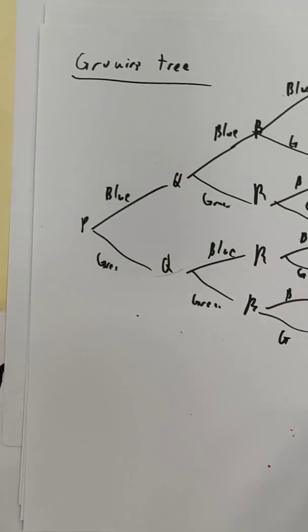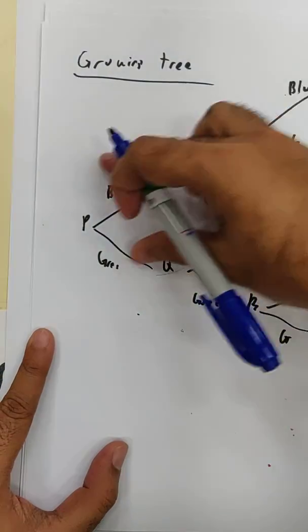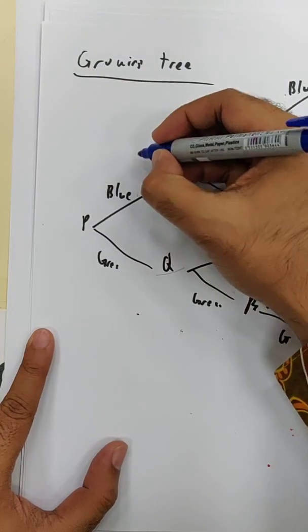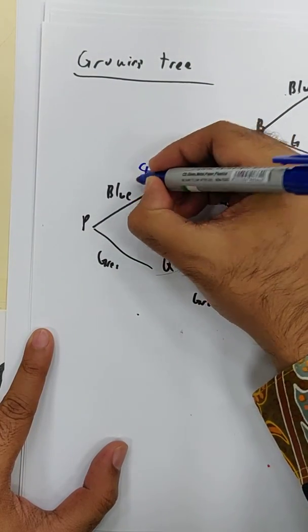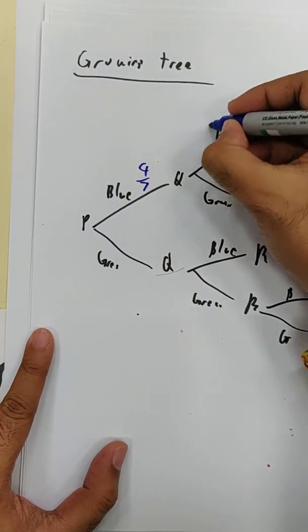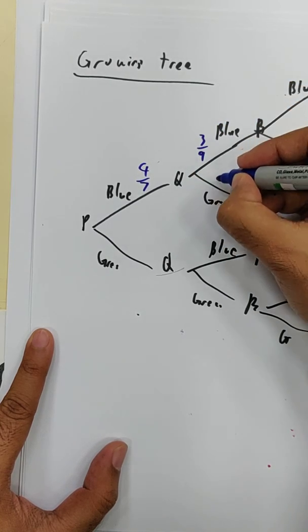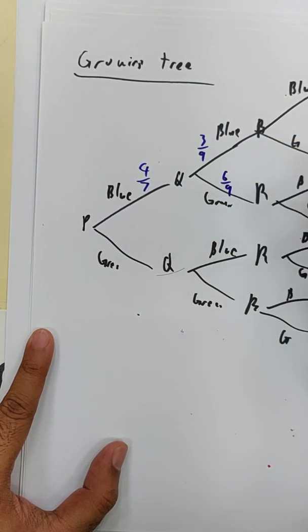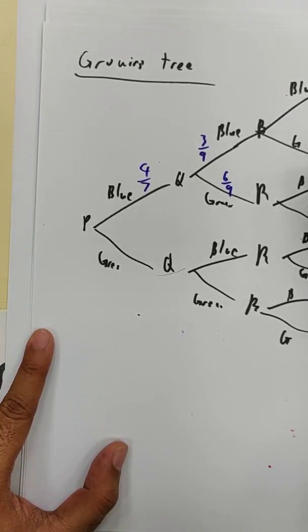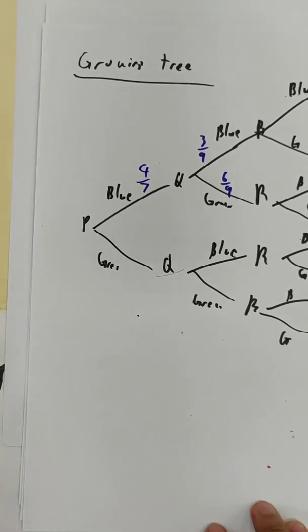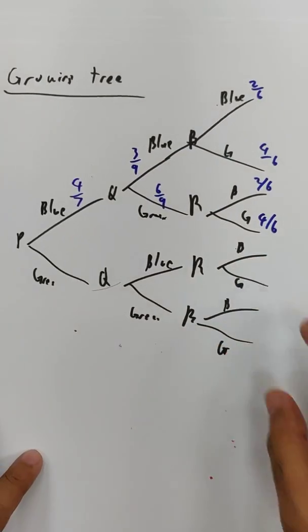Originally, let's just do the first branch. I'm not going to do all of them. Originally, over here is 4/7, 3/9, 6/9, 2/6, and 4/6. Oh my goodness, this is quite tough when you're under pressure. I'm just going to do the first branch.